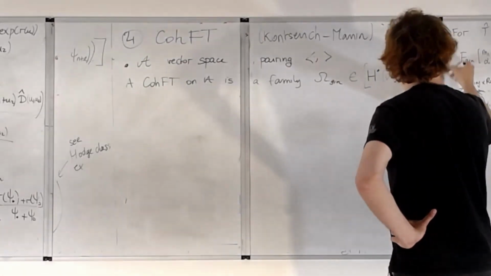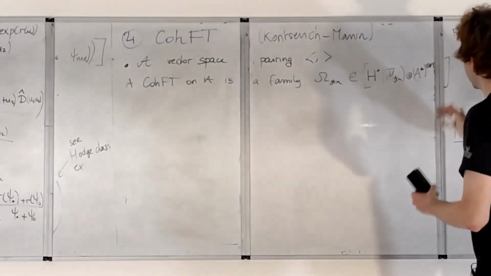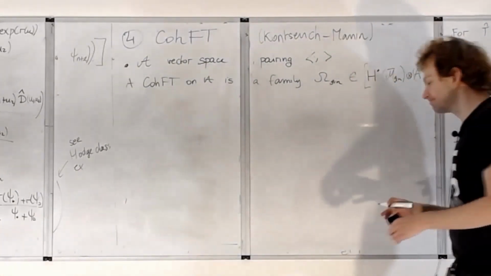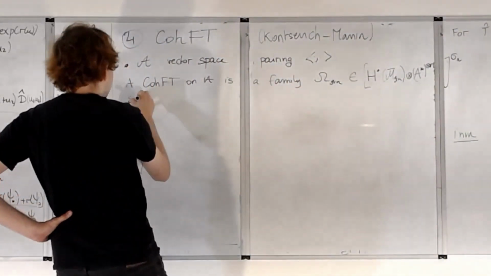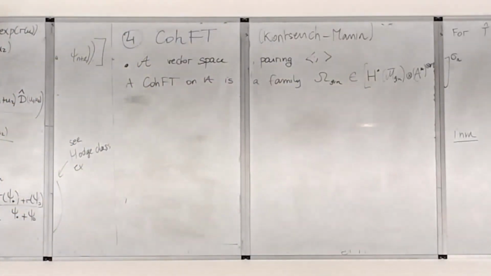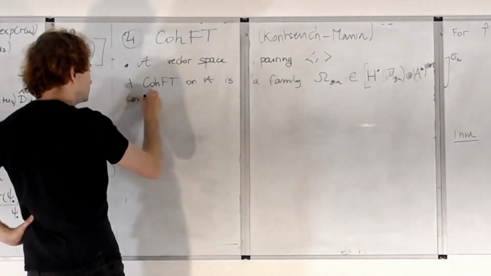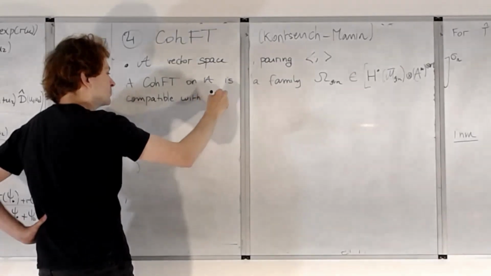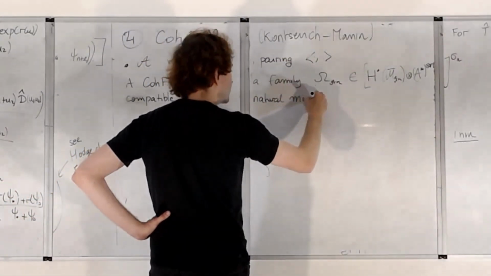And as we always wanted here, they should be symmetric when you permute the vectors, at least, such that, so the slightly longer way to say it, I mean still short, is that it is compatible with the natural morphisms between the moduli spaces.